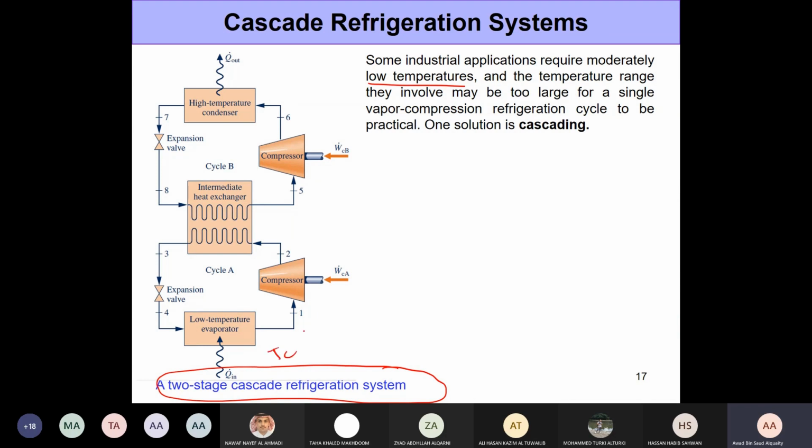the temperature gap between TC and TH is so high that using a single compressor to go from this P1 here to P6 here would be pretty work intensive. I mean, it would require too much work input to make the cooling load that's needed here.